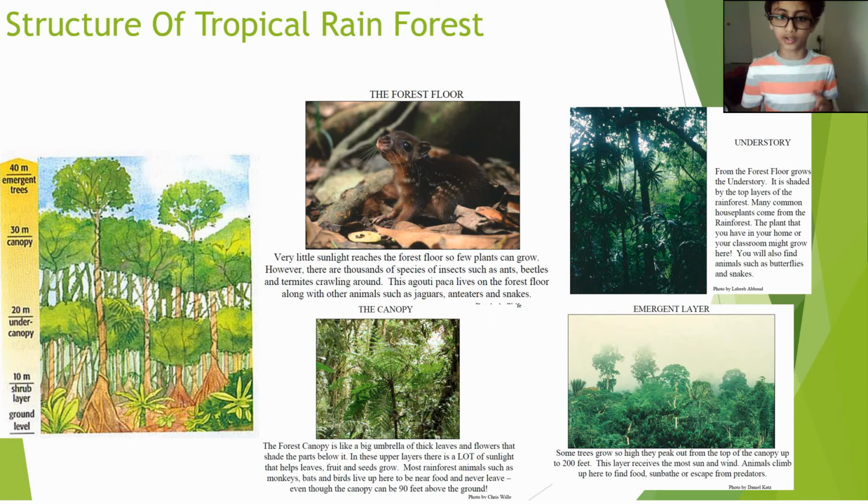Now we're going to go on to the canopy. This is where most of the animals live, and the canopy has so many trees, and there's so much sunlight that there is very, very hard competition to which tree can grow to the top and get to the emergent layer so it can win the competition.